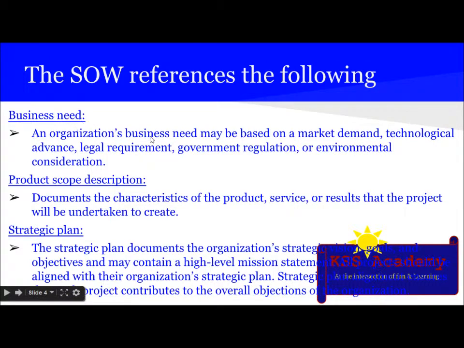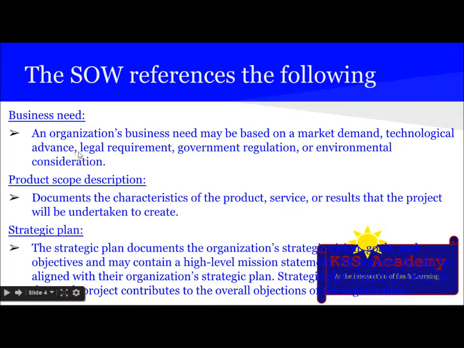What is business need? An organizational business need may be based on a market demand, technological advance, legal requirement, government regulation, or environmental consideration. So if you have listened to my past tutorial, you will know that all these things are market drivers.